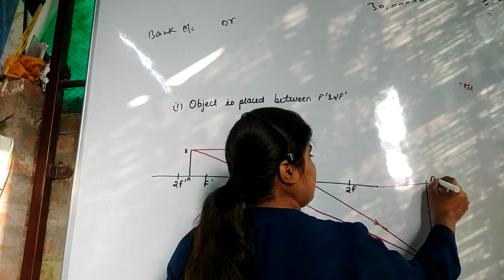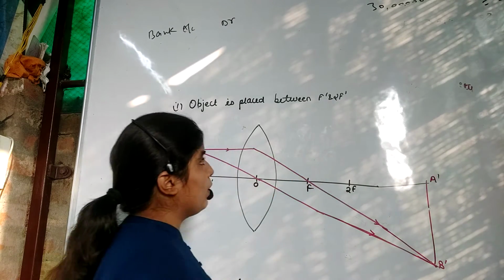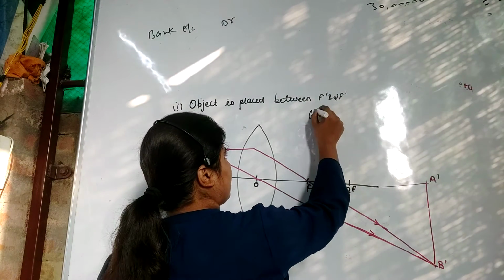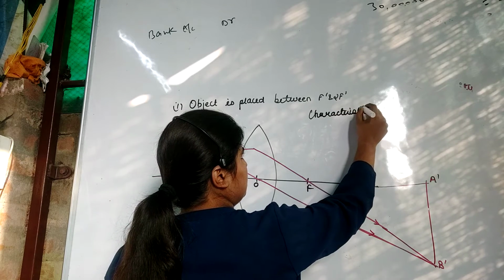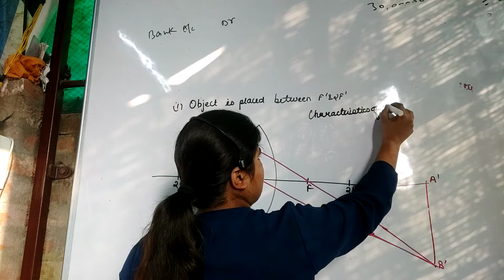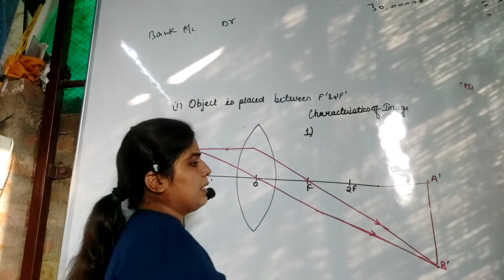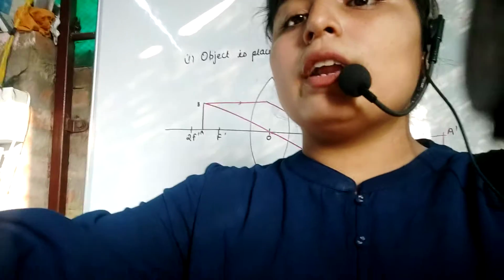So this one is an image which is formed by the object. What will be the characteristics of the image? The first characteristic of the image will be, it is real in nature.